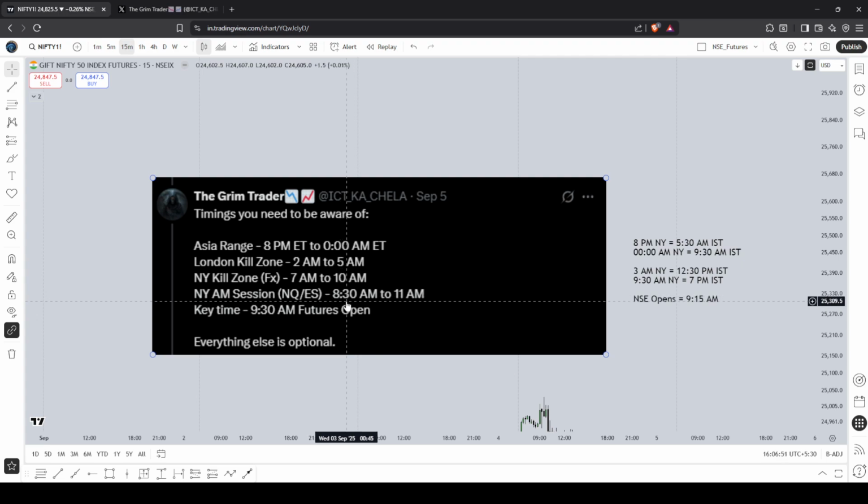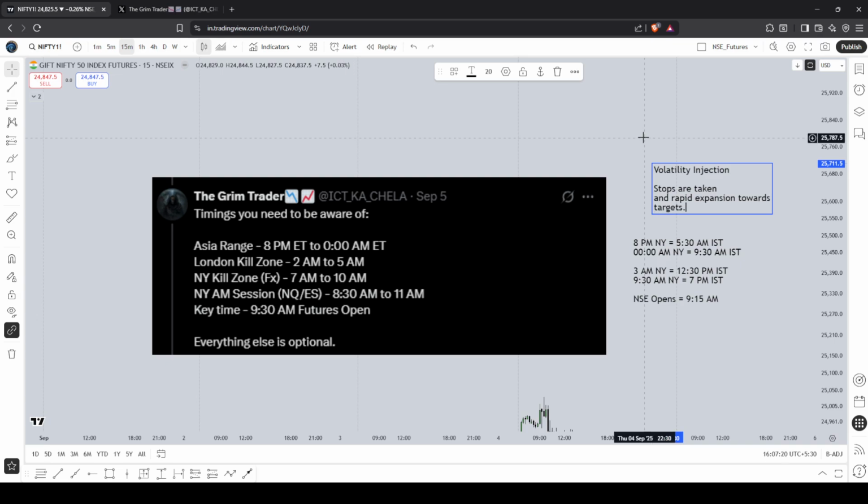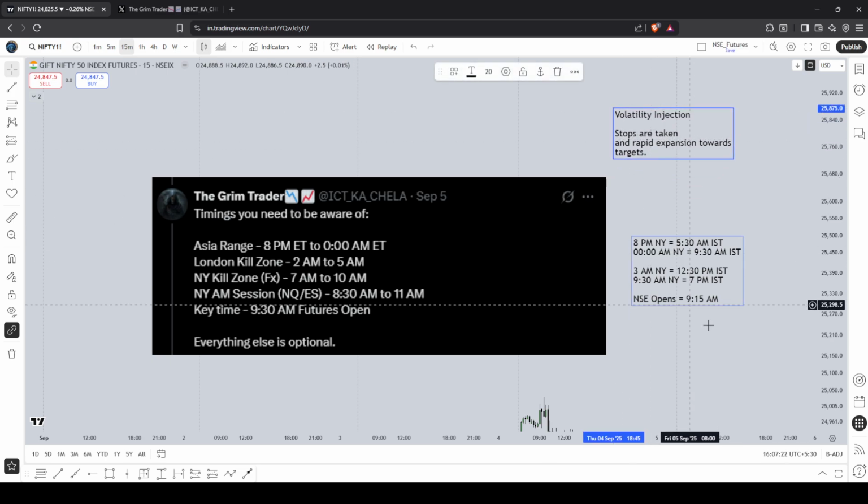Both of them have one thing in common, which is volatility injection, which means stops are taken and rapid expansion towards targets. These are some things you need to keep in mind if you want to trade any asset.